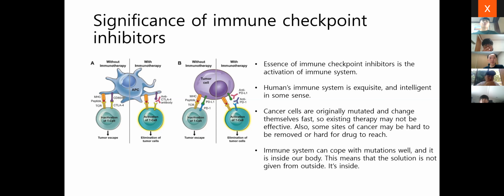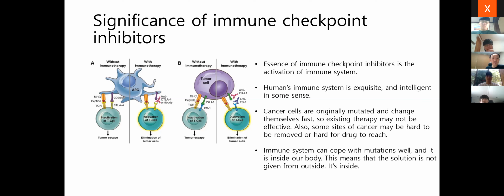The essence of immune checkpoint inhibitors is the activation of the immune system. The classical drug usually targets cancer itself, and classical drug or surgery is a solution from outside. Cancer drugs target cancer, but the immune system is a solution that is given inside our body.